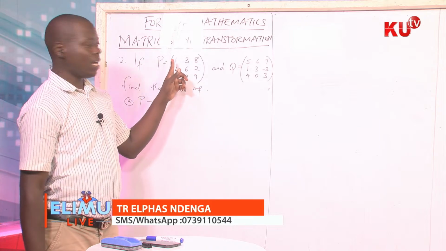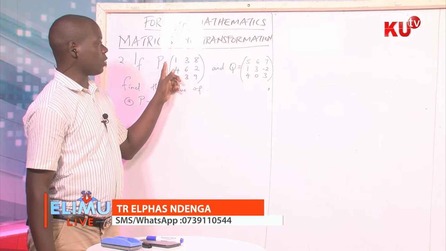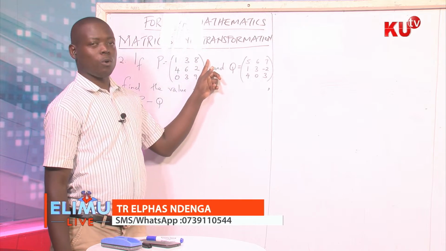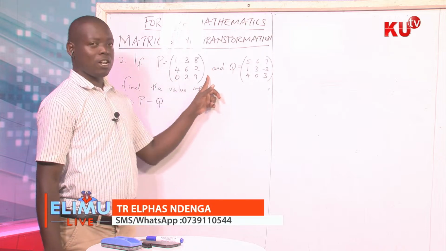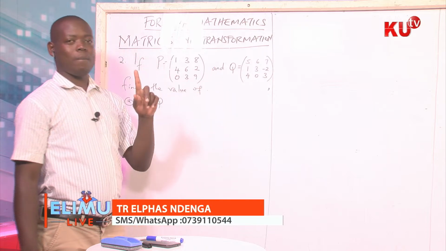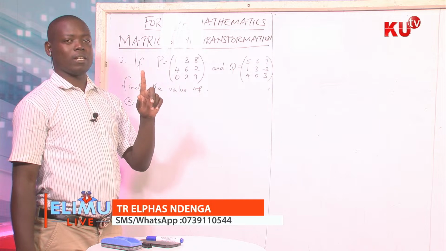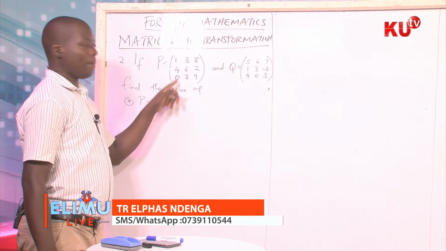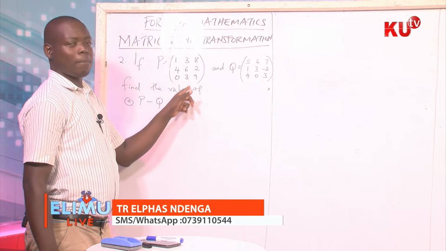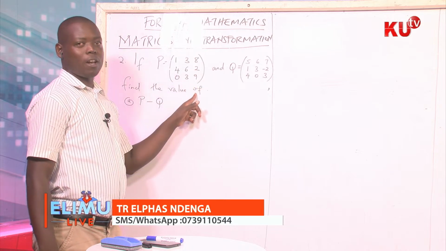It has 3 rows. This is the first row, the second row, and the third row. How many columns, students? 3. The first column, second column, and third column.